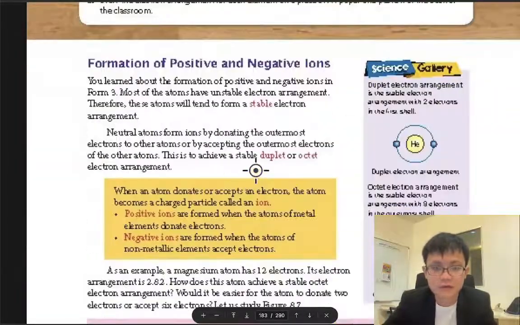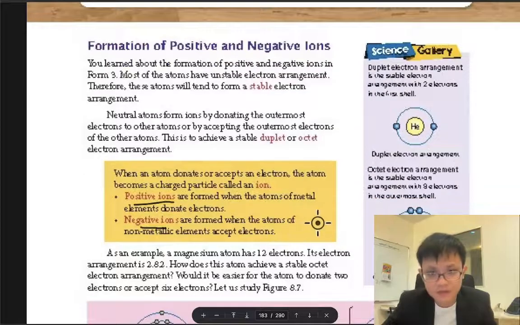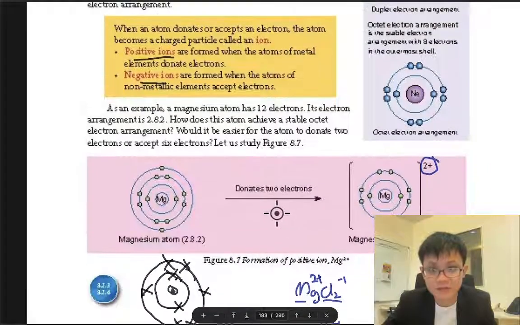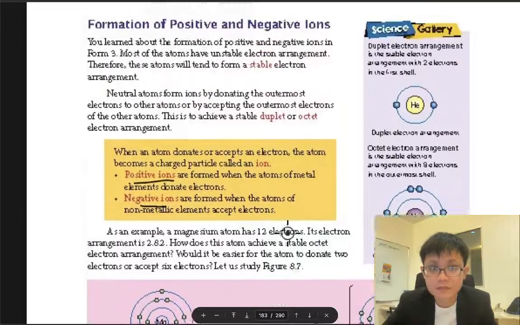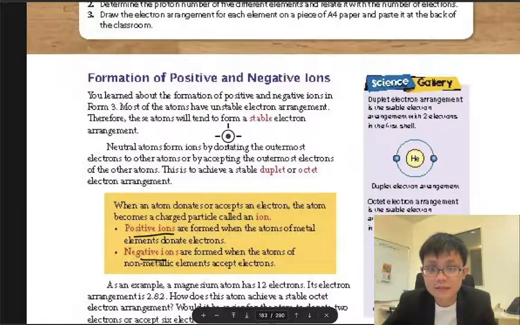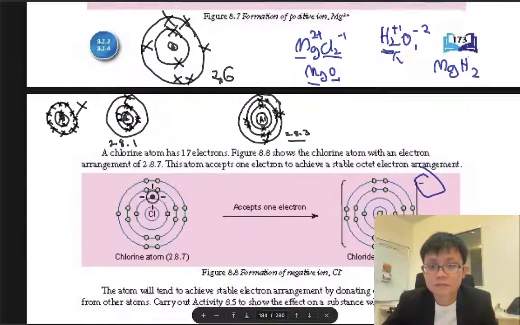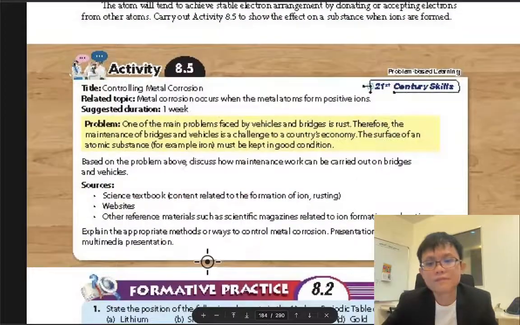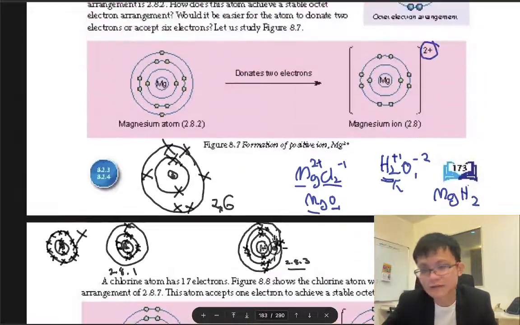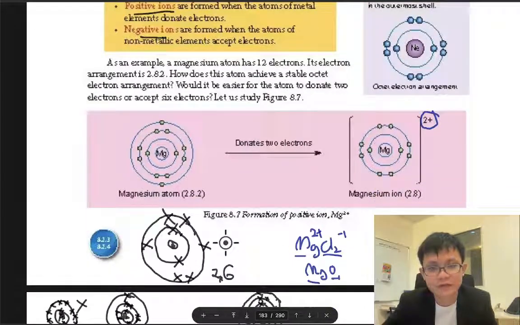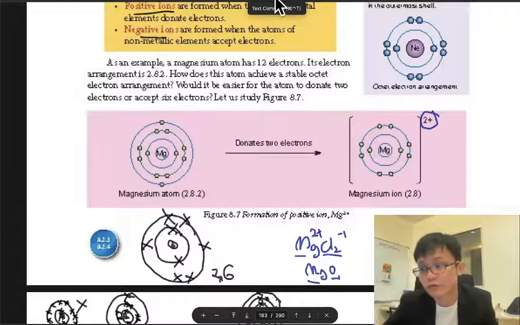Moving on. So how does something become positive or negative? This is also very difficult to teach, so listen carefully, because as a teacher I also feel it's difficult to explain.